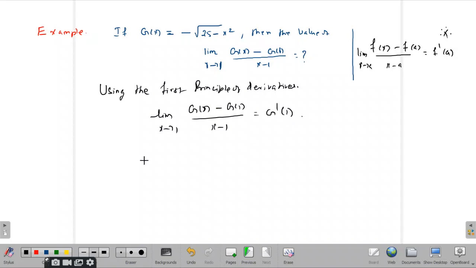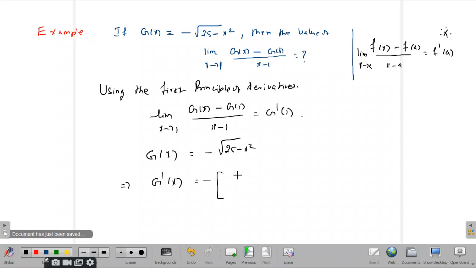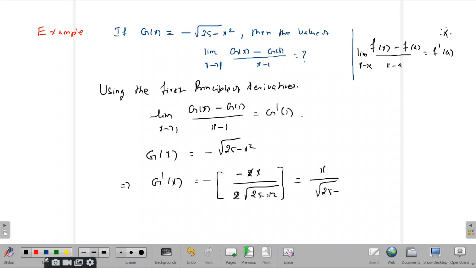Okay, what is given? G of x is minus root of 25 minus x square. Let us differentiate, g dash is minus of, what is the derivative of this? Minus 2x by the chain rule, the denominator 2 root of 25 minus x square, on simplification 2 and 2 cancel, x over root of 25 minus x square.